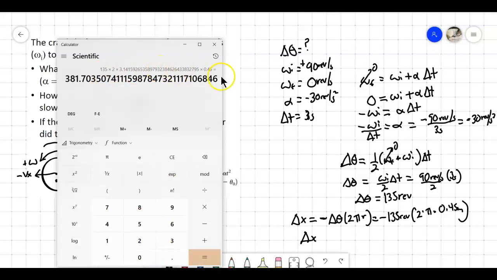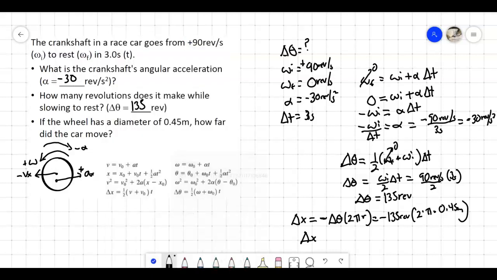So just check my math up here. So this is going to work out to be 381.70 meters in the negative direction.